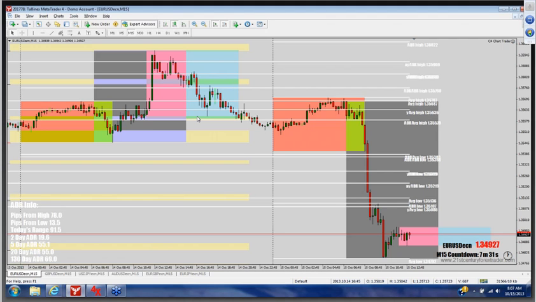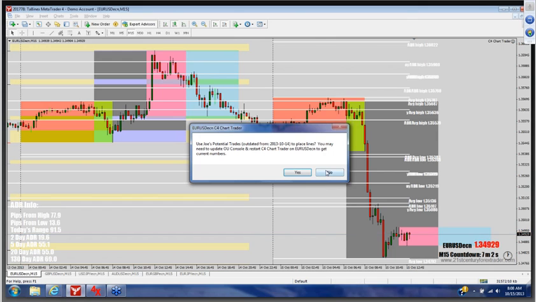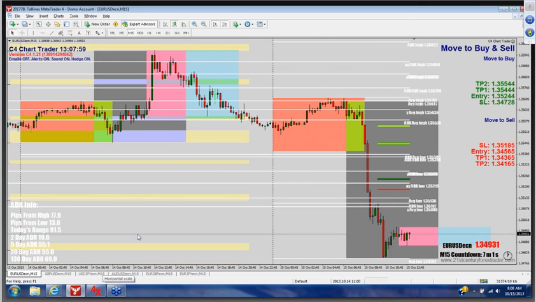So we're going to start with the Euro USD, and the Euro USD is currently trading at 34.92, 34.93. So we'll call that 34.93. I don't know why that template's not loading now. Everything seems to be ticking along kind of slow for me today.